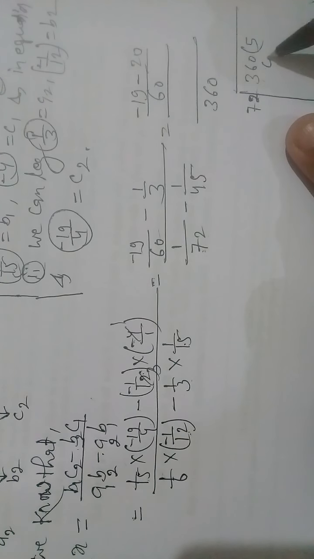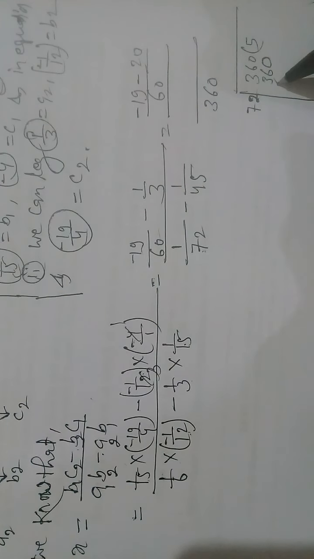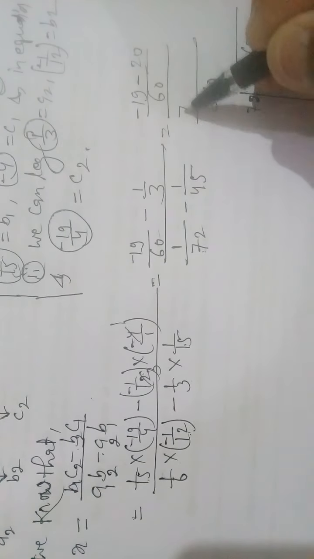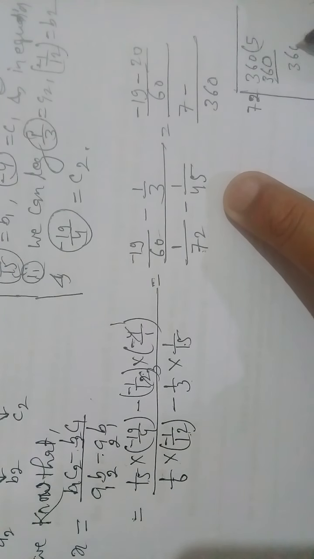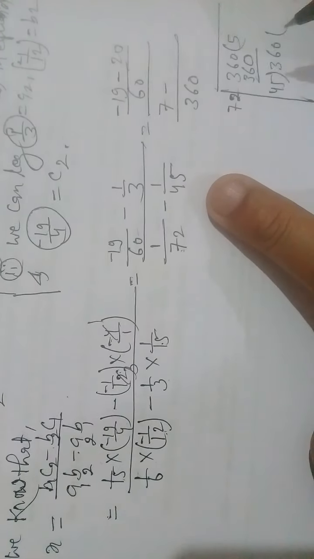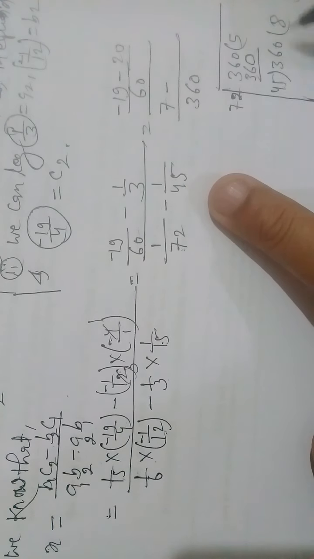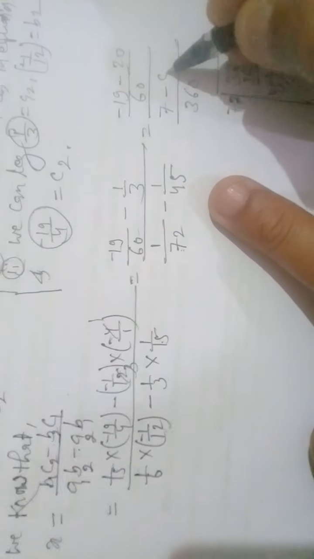And 360 divided by 45: how many times? 8 times.